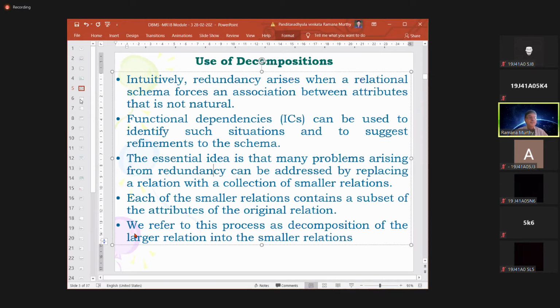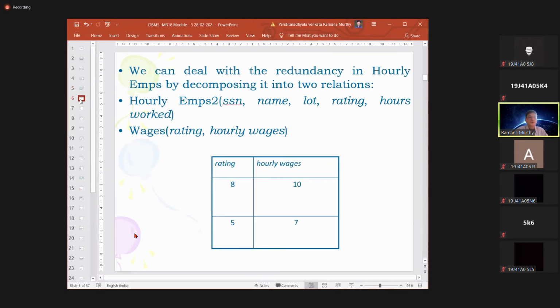We refer to this process as the decomposition of the larger relation into smaller relations. Because we know the rating, we also know the wages. The hourly wages need not be repeated for each and every SSN number and name.